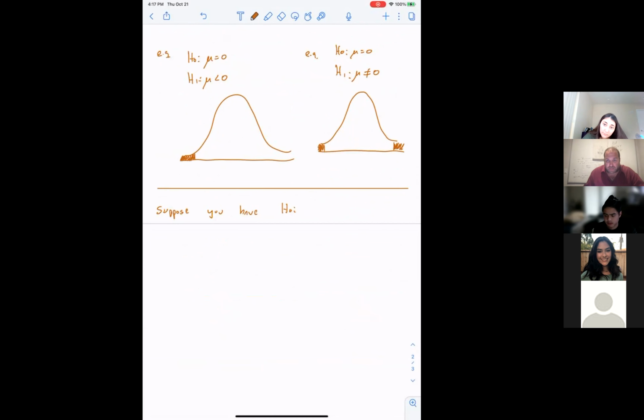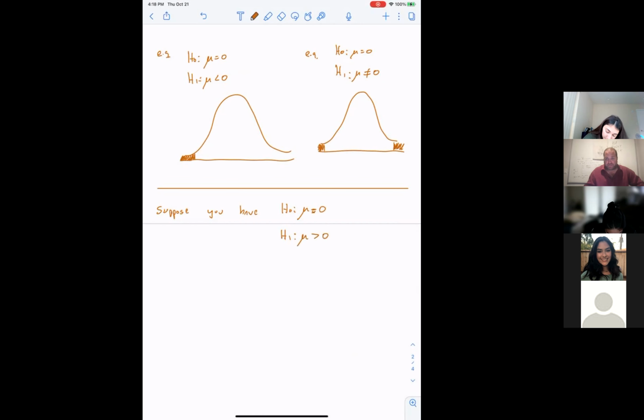Let's do an example. I'm going to do this example from the book. So suppose we have a null hypothesis where mu is equal to 0, and the alternative is that mu is greater than 0.